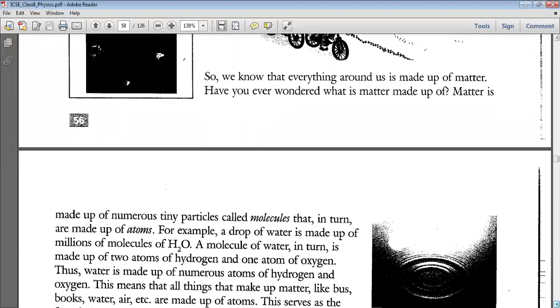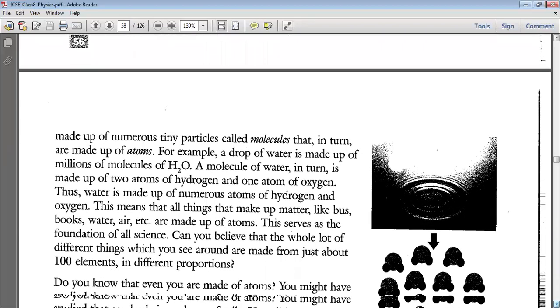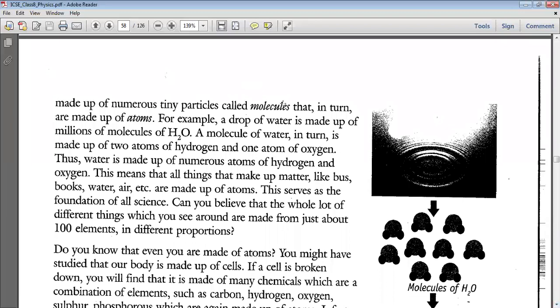Now matter is made up of numerous tiny particles which are called molecules, and molecules are in turn made up of atoms. Molecules may or may not exist independently.